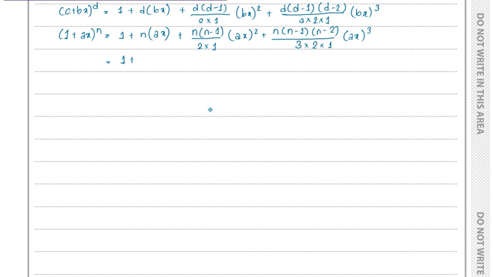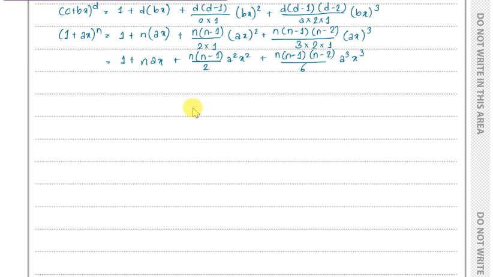And the coefficient of x is na, x, plus n multiplied by (n minus 1) divided by 2, and this will be a squared x squared, plus n multiplied by (n minus 1) multiplied by (n minus 2) divided by 6, since 3 multiplied by 2 is 6. This will be a cubed x cubed. The coefficient of x cubed is n multiplied by (n minus 1) multiplied by (n minus 2) divided by 6, a cubed. So this is the answer for part A.